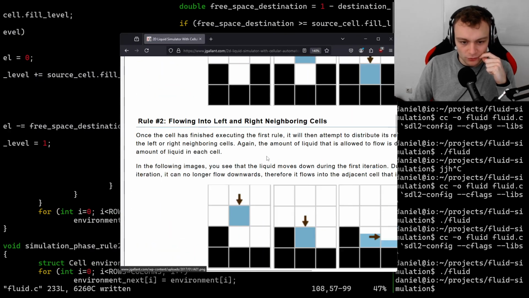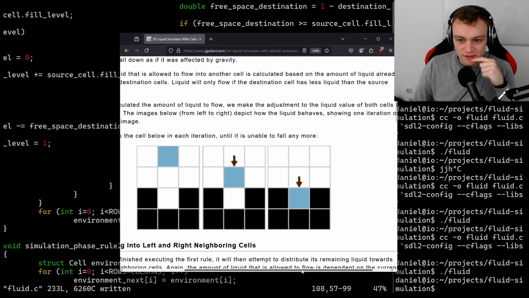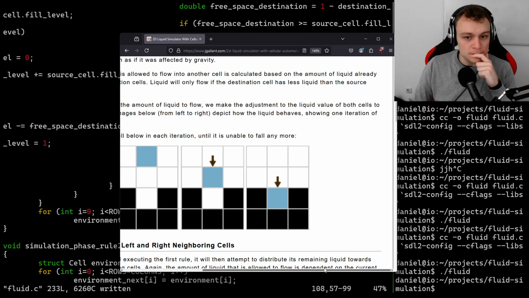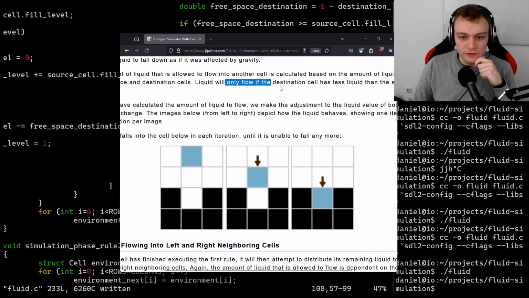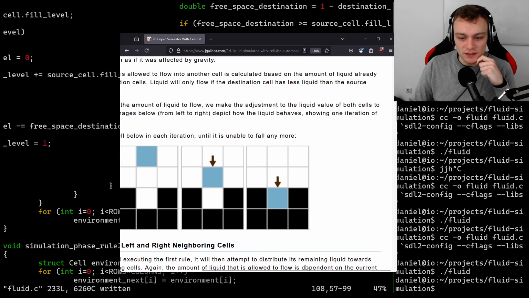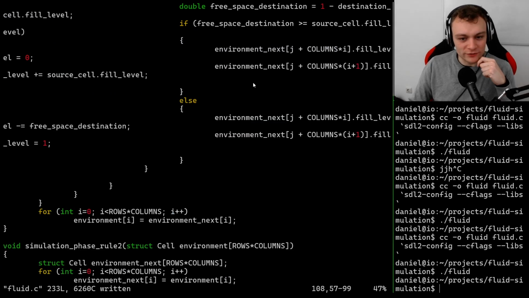I mean this rule. Wait, where is it? Liquid will only flow if the destination cell has less liquid than the source cell. That is a rule. I'm not sure if it makes sense.